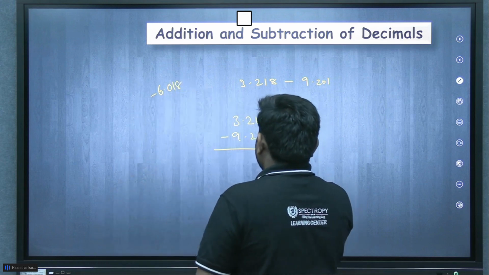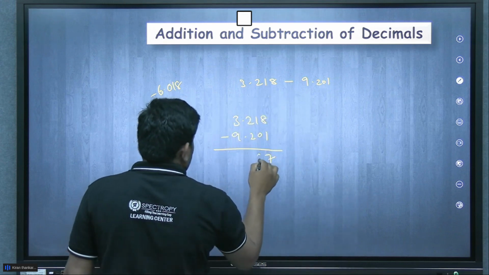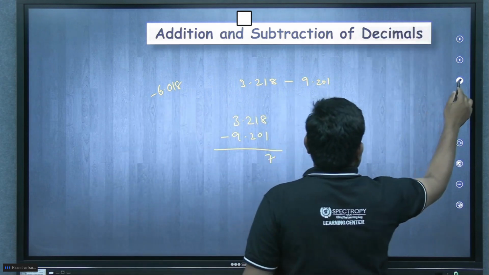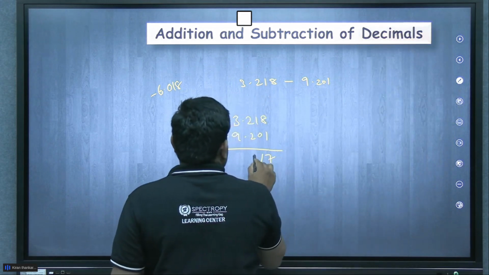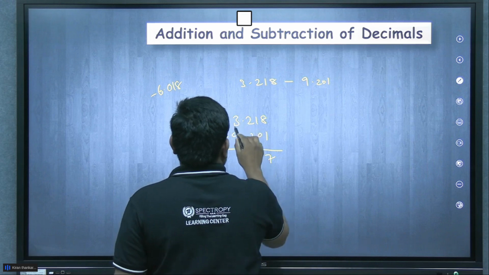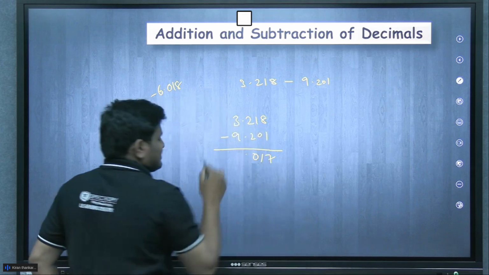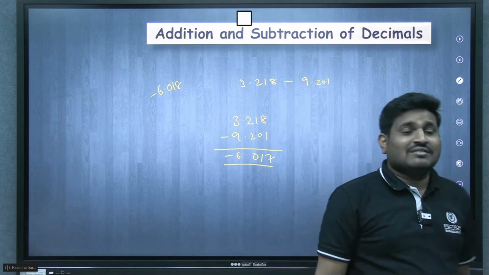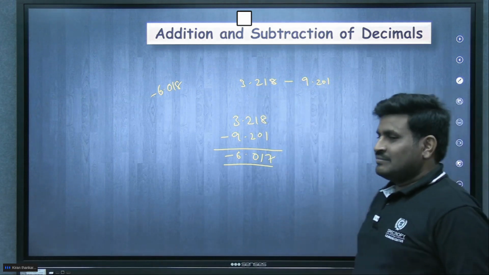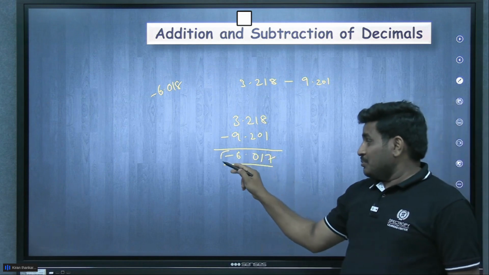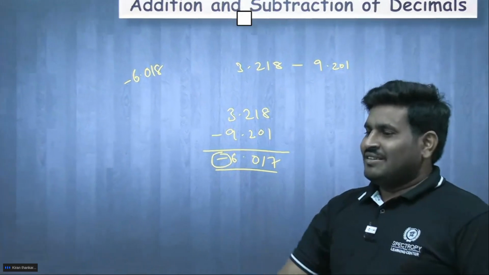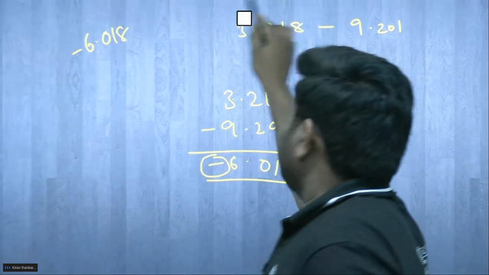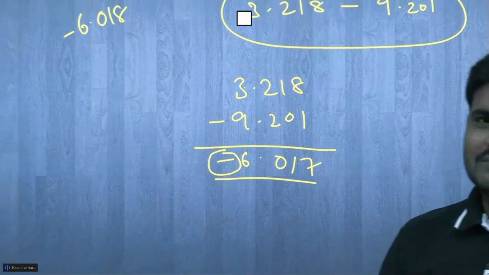Here 8 minus 1 is 7, 1 minus 0 is 1, 2 minus 1 is 0, and 3 minus 9 gives 6, so the answer is minus 6.017. The answer is also very important with a sign. That's why I gave the question this way, with the opposite sign.